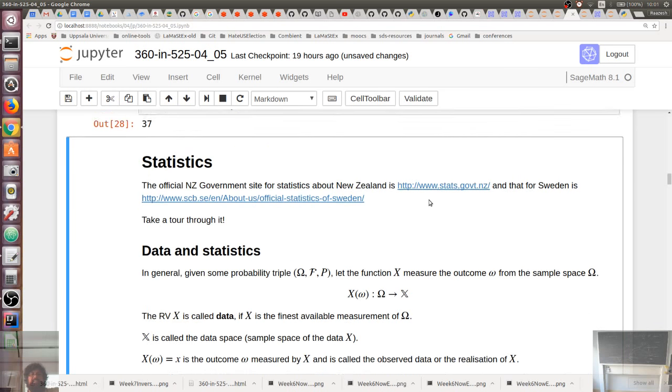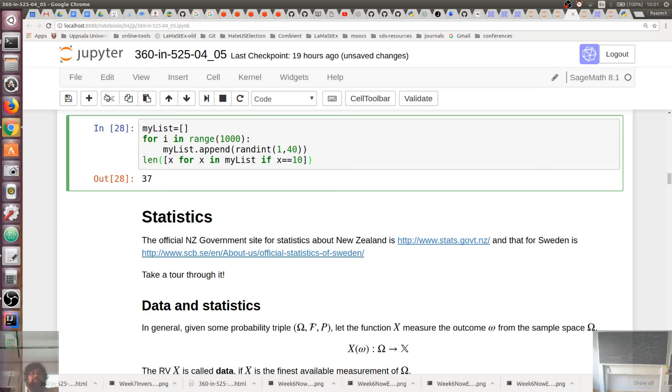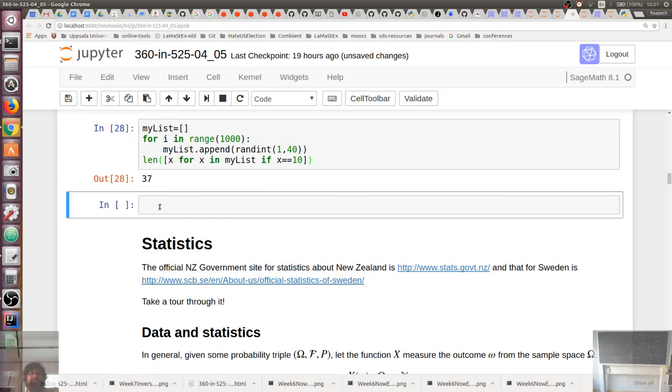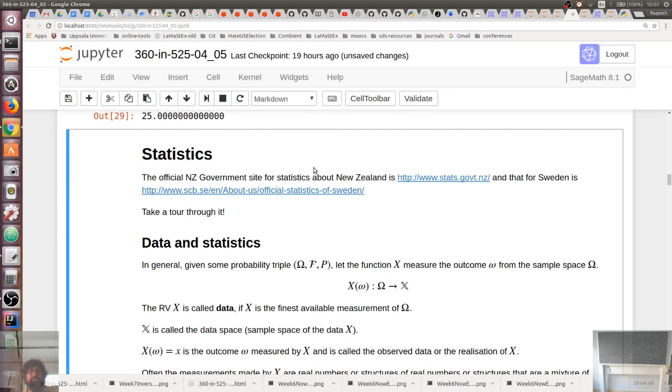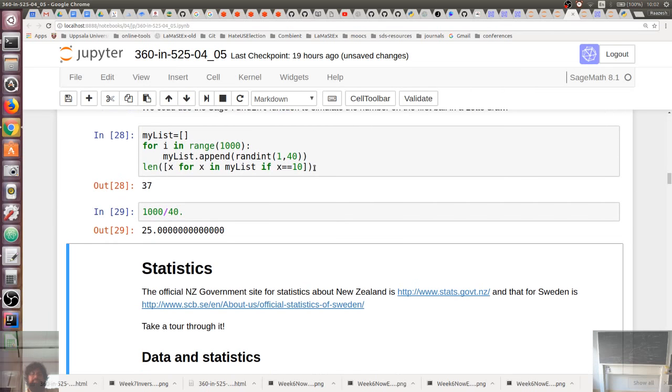I'm getting 37. So what I roughly expect is 1,000 divided by 40, I should get roughly 25.